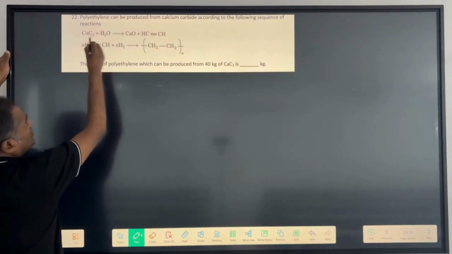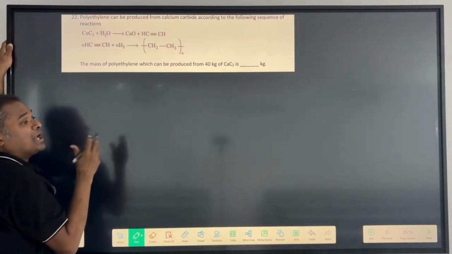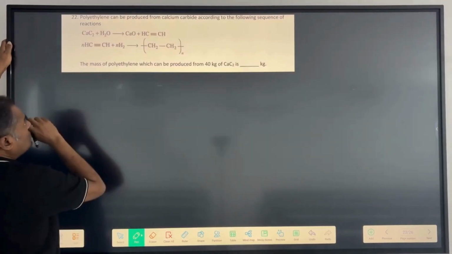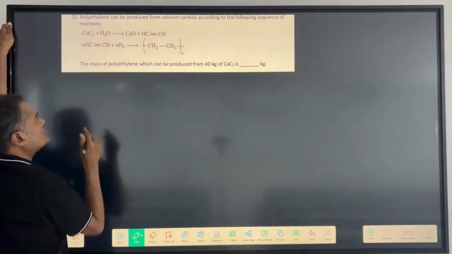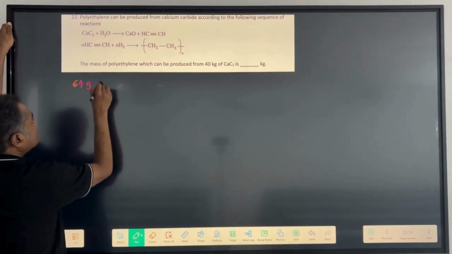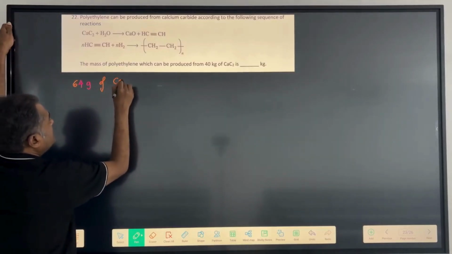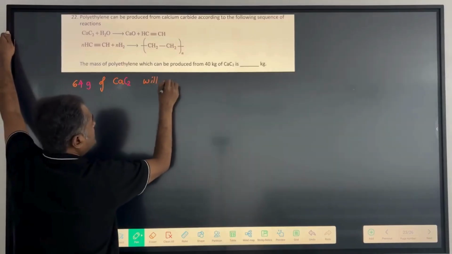Calcium carbide is going to give you acetylene. So first what you have to do, calcium carbide molecular mass, calcium is 40, carbon is 12, so 2 carbon 24, so it is going to be 64 grams of calcium carbide will give.